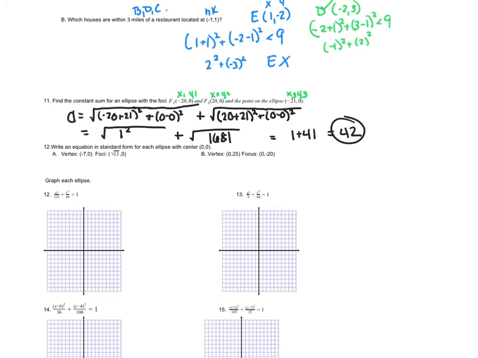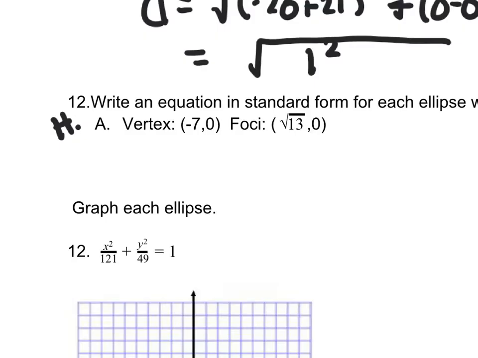All right, so write an equation in standard form for each ellipse with center 0, 0. So our vertex is negative 7, so we know that this is horizontal. So we know it's going to be x squared over 49 plus y squared over something equals 1. So let's go ahead and do c squared equals a squared minus b squared to find my b squared.